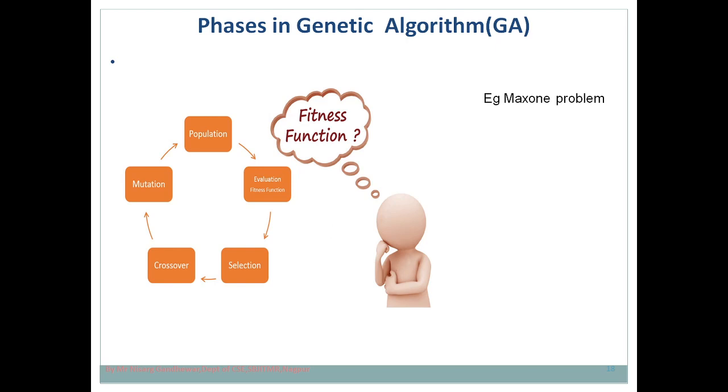Then in case of mutation, you try to do a different thing. You flip the genes in that particular offspring, and then again a population will be there. So this cycle is continuously revolving. These phases are in a loop.